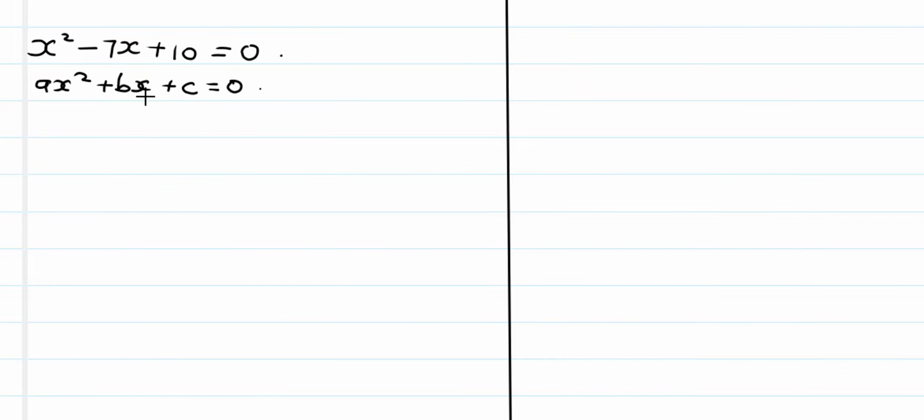Then we have plus c, and in our case c is 10. So we can write those values first: a equals 1 because the coefficient of x squared is 1, b equals negative 7 because the coefficient of x is negative 7, and c equals 10.